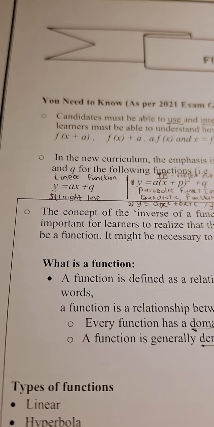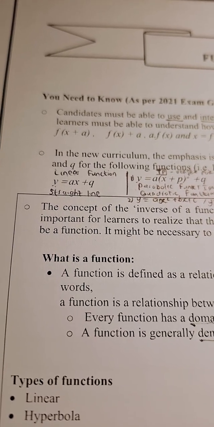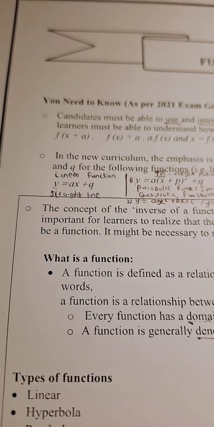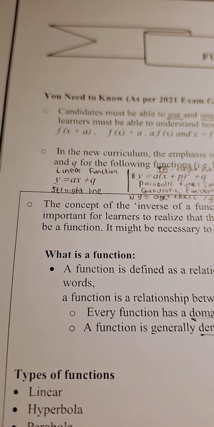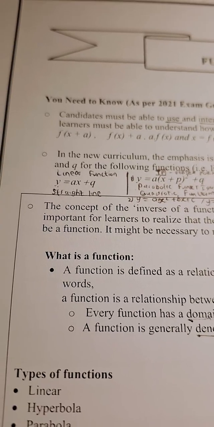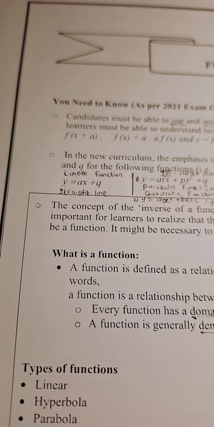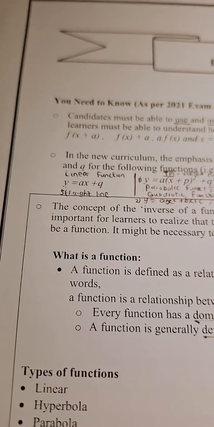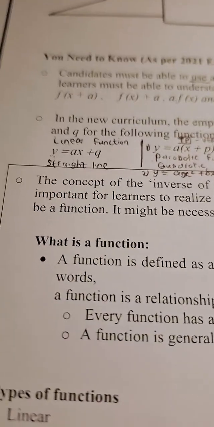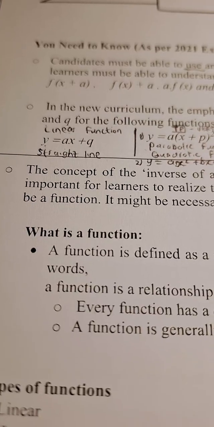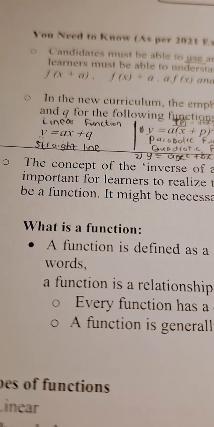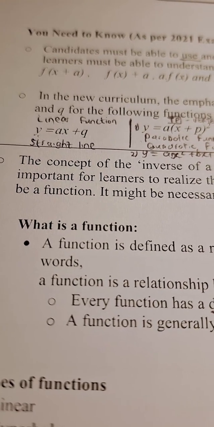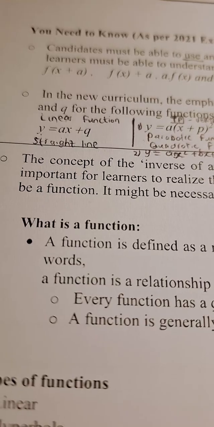Many y values, one x value. Can I ask, can a function also be seen as many y values and only one x value? Many y values, one x value? No, it can't be. That is not a function.